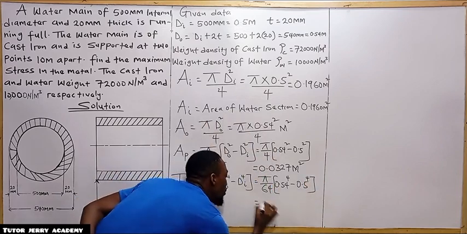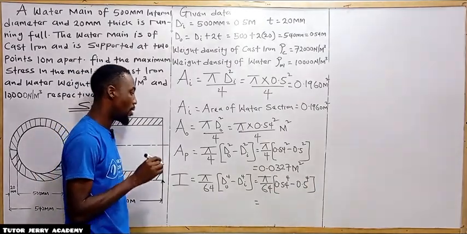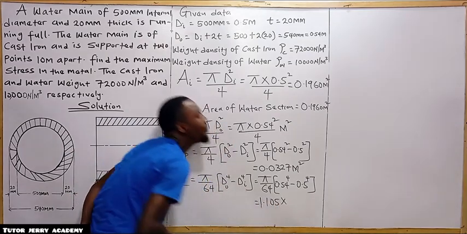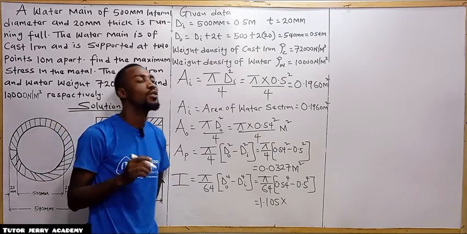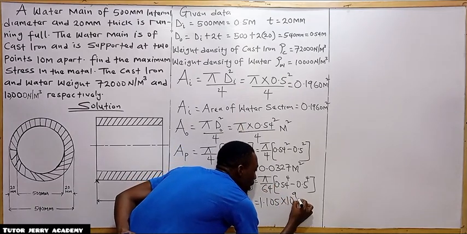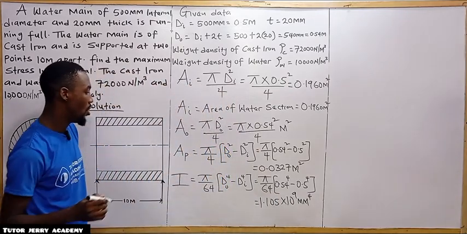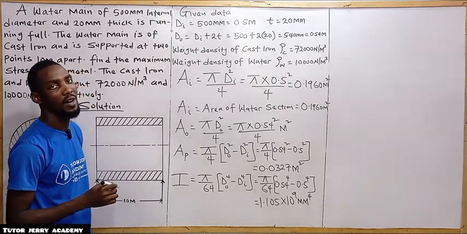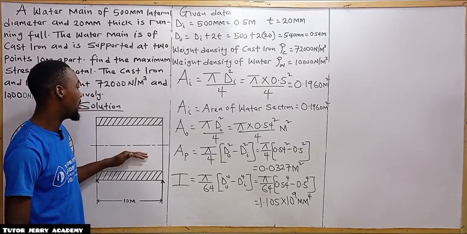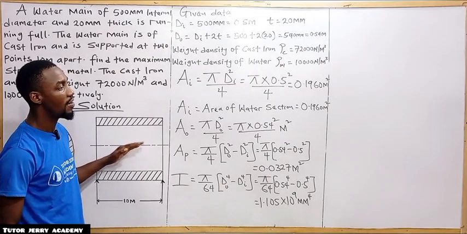All right, so this will be equals to 1.105 multiplied by 10 to the power of 9 mm to the power 4. So this is what we are going to have. All right, so this is the moment of inertia of the pipe about the neutral axis.